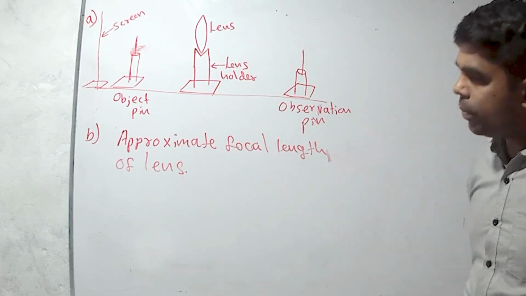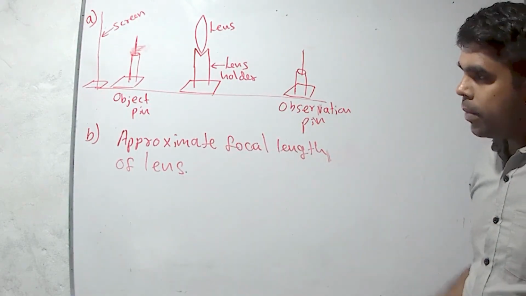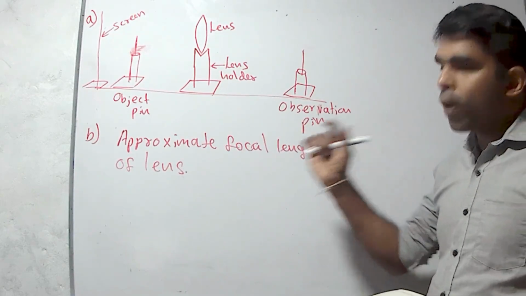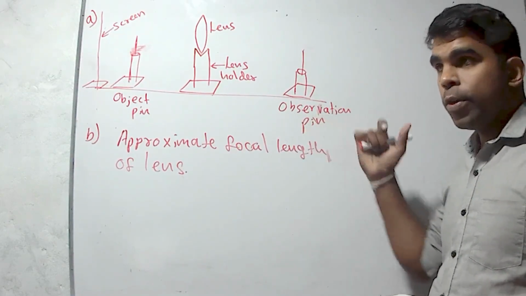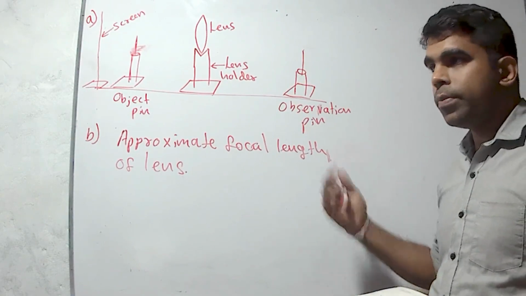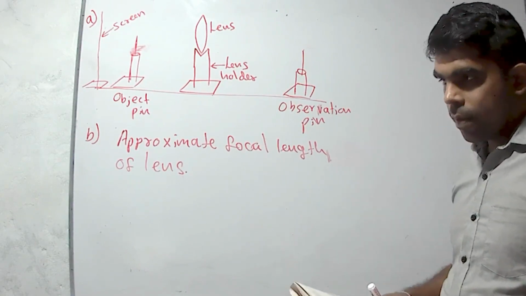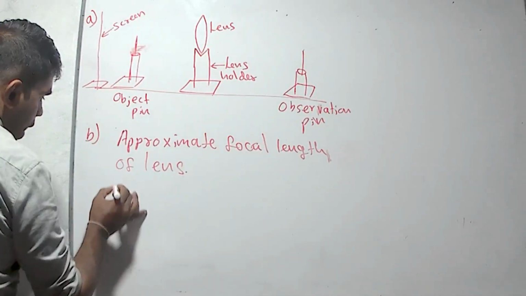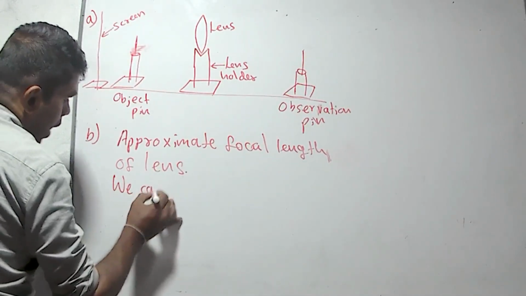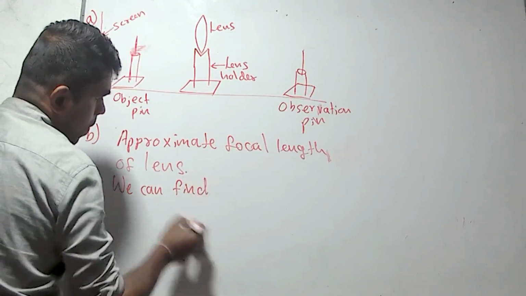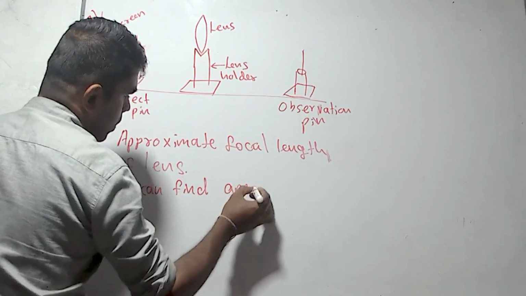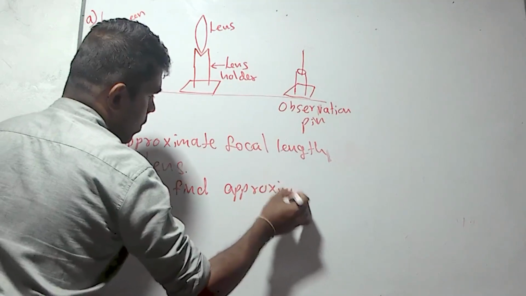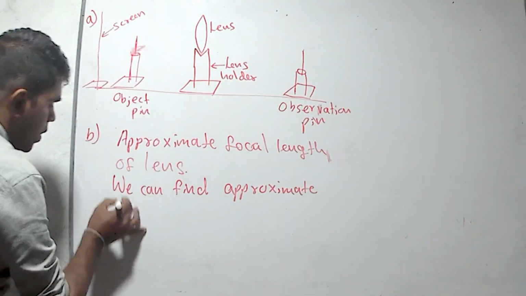We have to focus an image onto a wall or a board. Then we can find the approximate focal length.